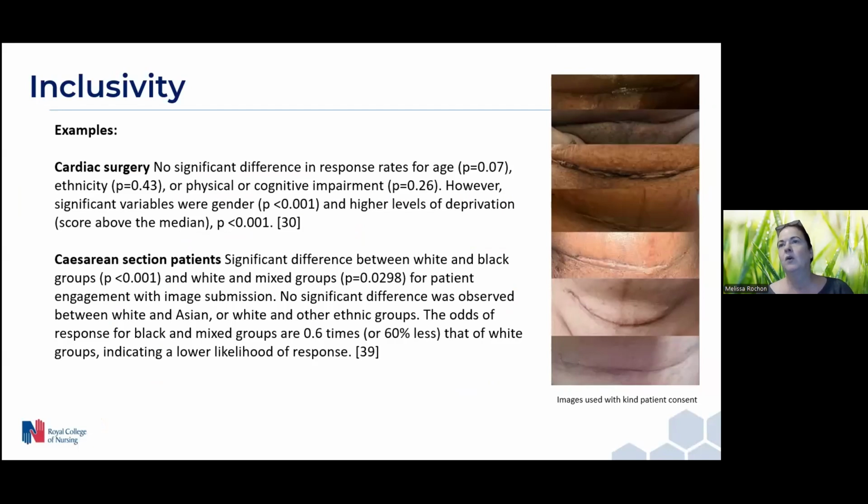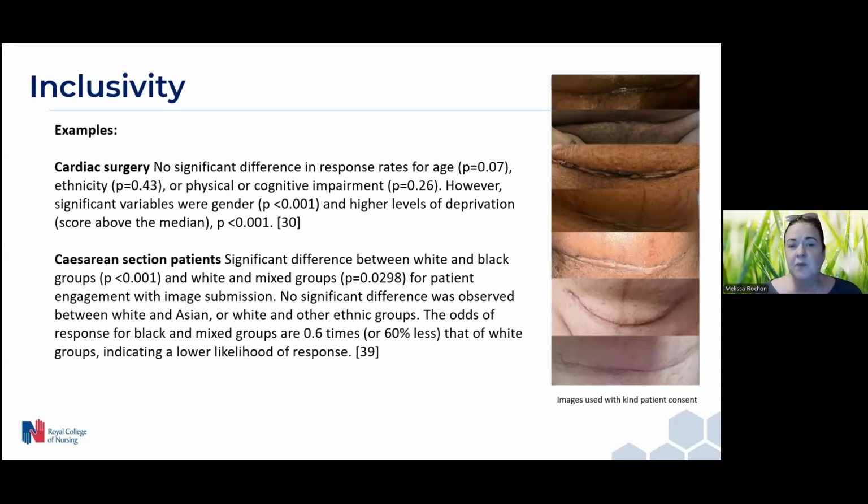For example, we want to make sure that there's support and access for all of our patients. And as part of that, we need to be looking at our data to find out where patients may be excluded. So when we looked in cardiac surgery, for example, we found there was no difference in response rates depending on the patient's age or physical or cognitive impairment, but women were less likely to submit, as were those from lower socioeconomic status.